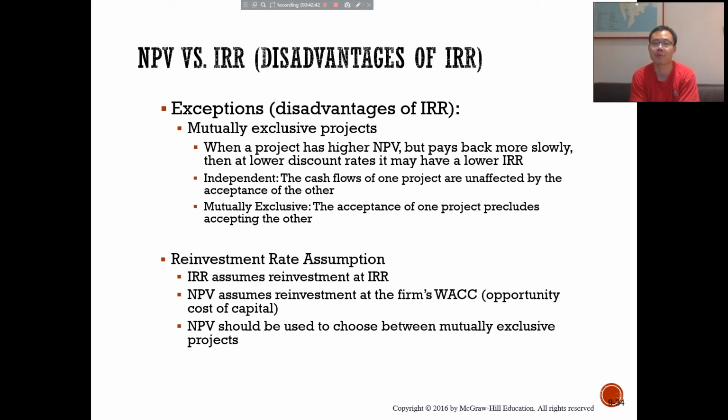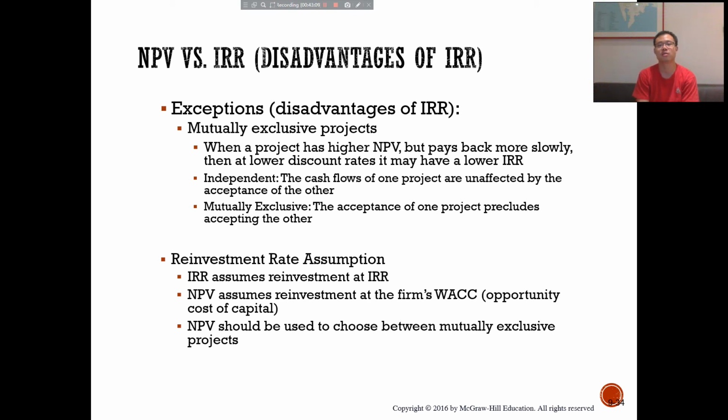So what's the definition of mutually exclusive projects? Independent projects mean that the cash flows of one project are unaffected by the acceptance of another. But mutually exclusive means that the acceptance of one project precludes accepting the other. You can only accept one but not the other.